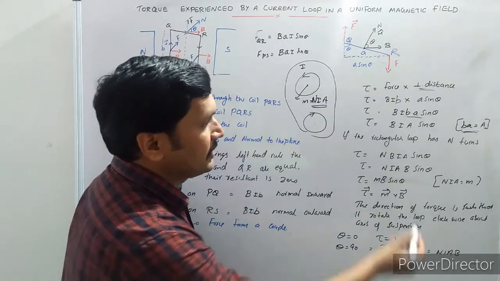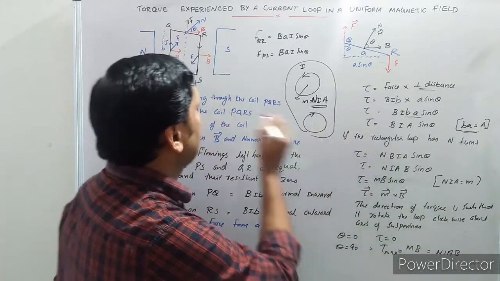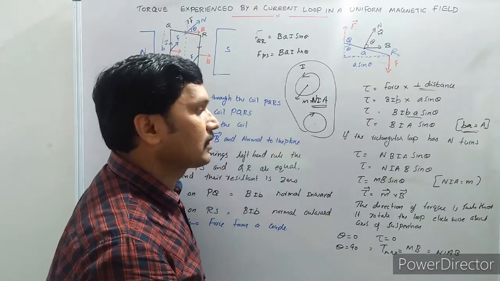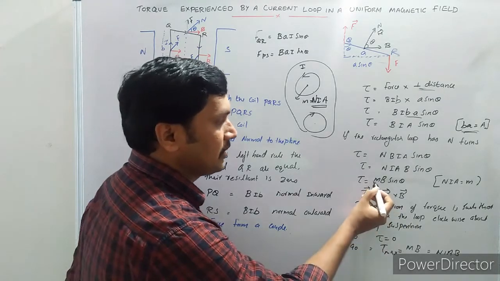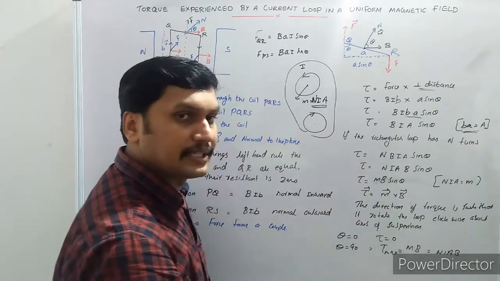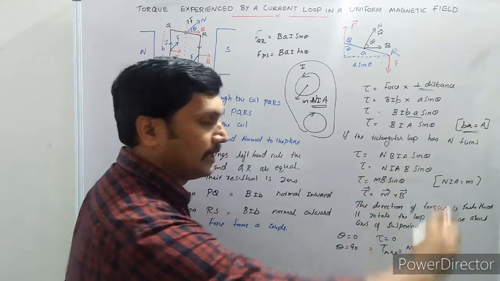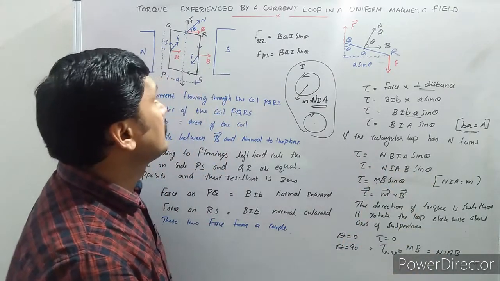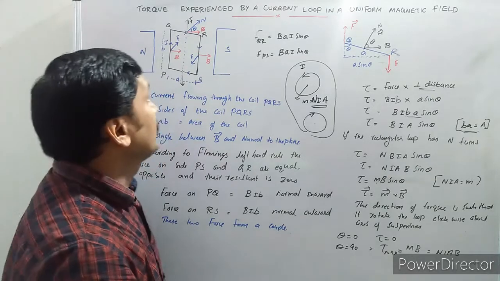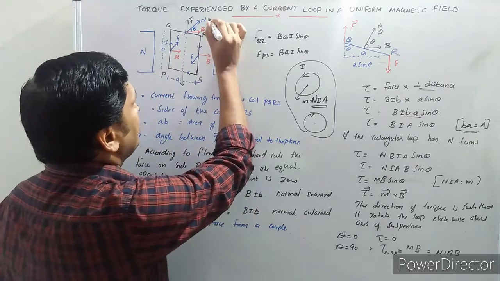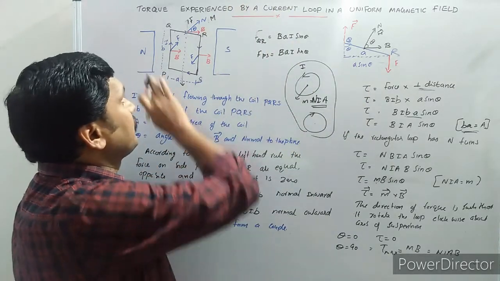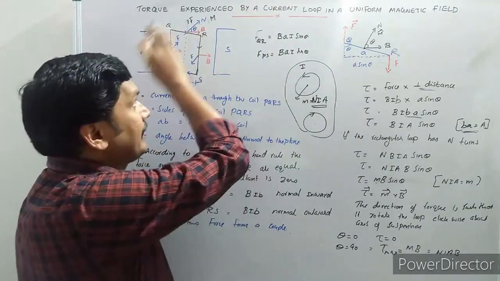Now we consider NIA as the magnetic moment of this rectangular coil. That's why we denote it by the symbol M, magnetic moment, M equal to NIA, and the torque is M B sine theta. The direction of magnetic moment is the same as the direction of the normal, by the right hand thumb rule.